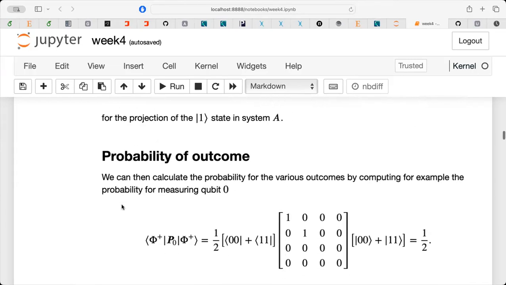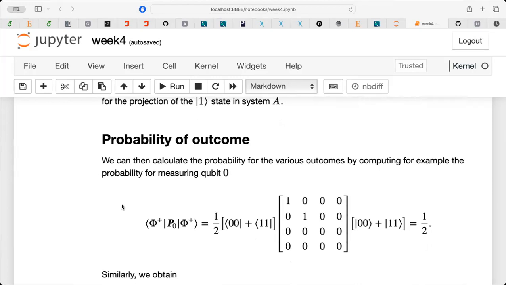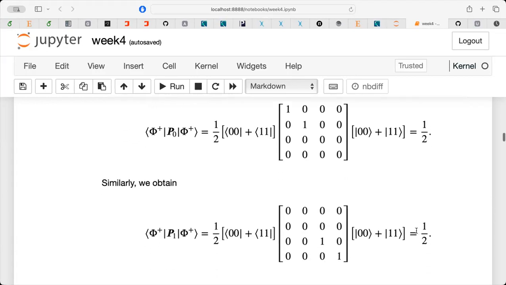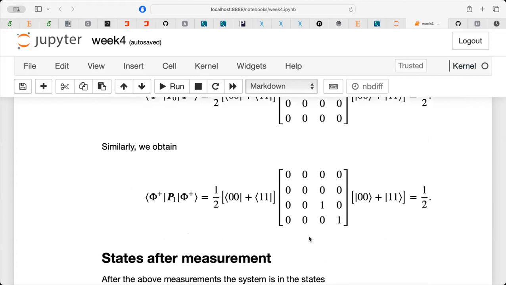When we then look at the probability of a specific outcome, we take this specific state which we are looking at. This could be any of the Bell states. And then we simply trace out or project out the qubit in system A. So this will be qubit 0. And what happens then is that we get a probability of 1/2, which is pretty easy to see. And similarly, we can have qubit 1, which has the same probability. That follows simply from the Bell states because we have a factor of 1 over square root of 2.